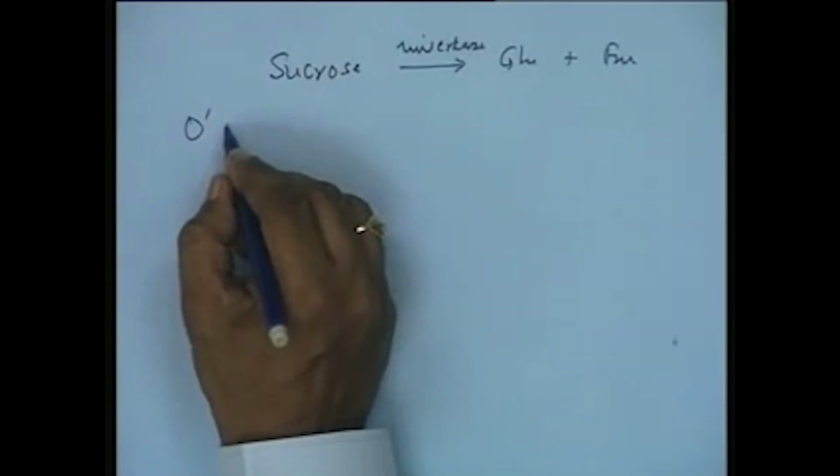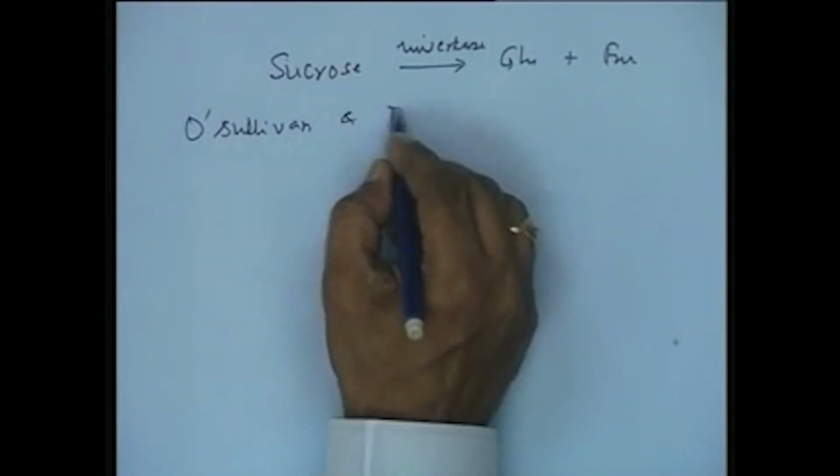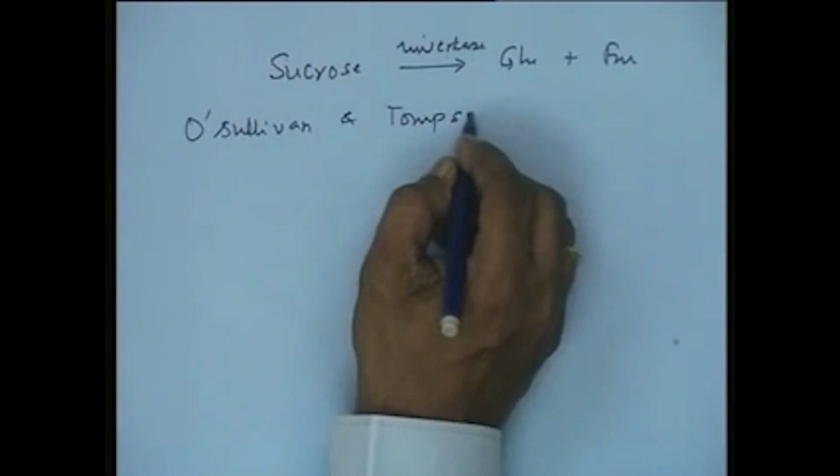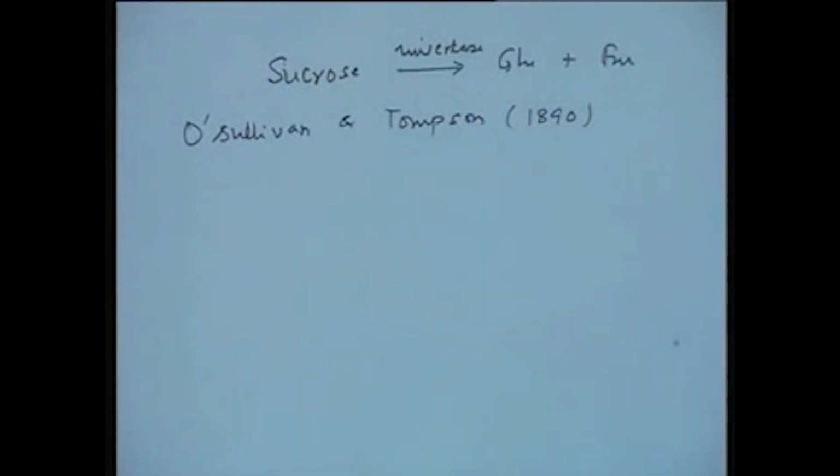One of the earliest recorded interpretations of the kinetic analysis of enzyme was by O'Sullivan and Thomson, as early as in 1890. They also studied the same enzyme and concluded in a very broad fashion that the enzyme reaction rates are influenced by acidity and enzyme concentration.